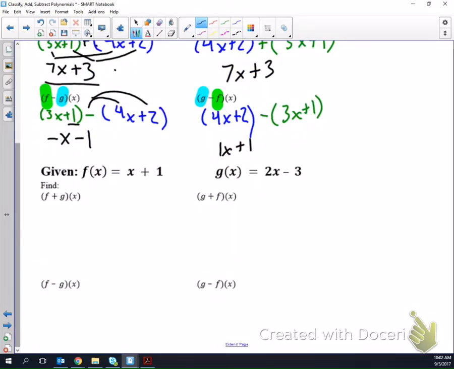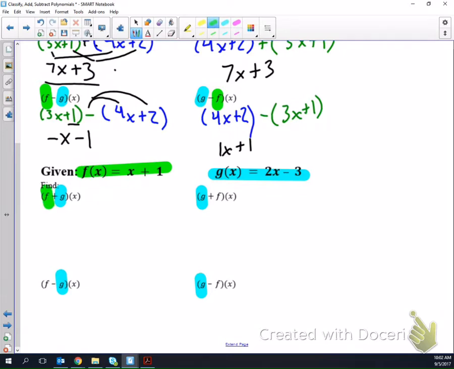All right, these bottom problems do provide a little bit of an extra challenge. So we're going to have our f of x, and there's our g of x. So all of my g's in blue, all of the f's in green. Everywhere I see f, that's where I'm going to replace it with x plus 1.